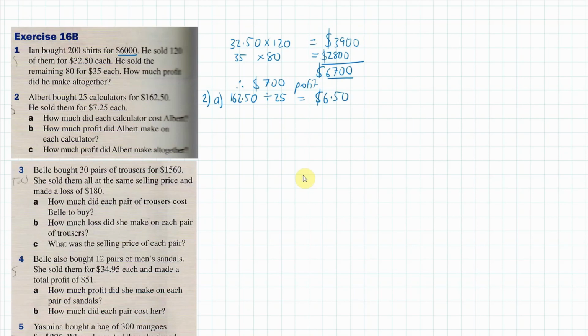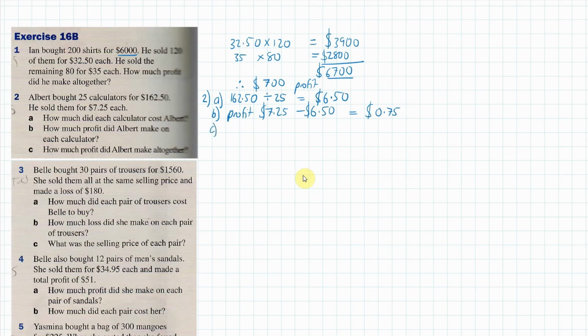How much profit did he make on each calculator? The profit will be the difference between the selling price of $7.25 and the cost price of $6.50, and you can see that is equal to 75 cents.